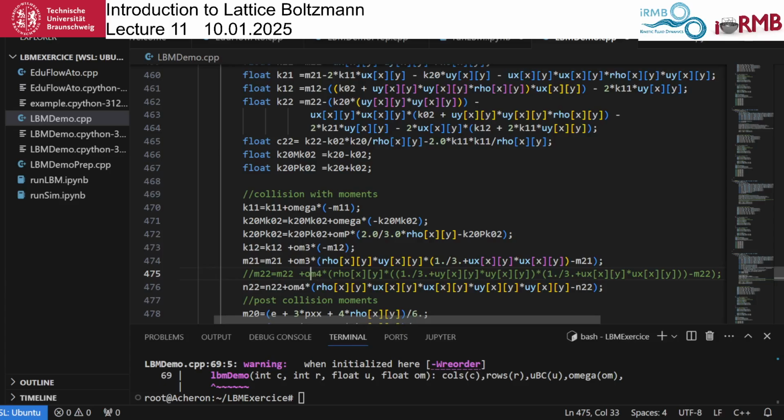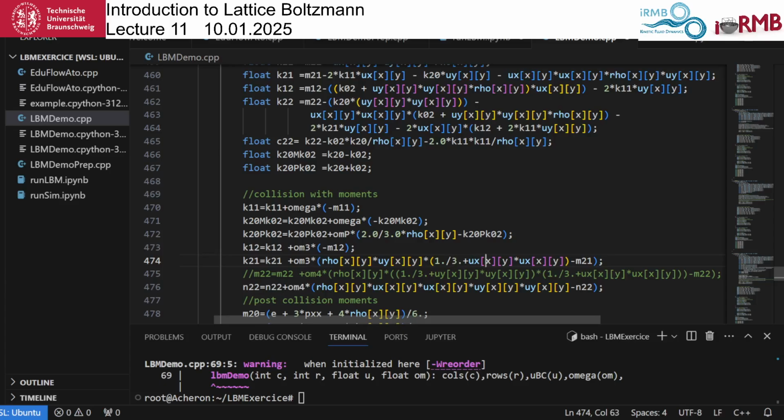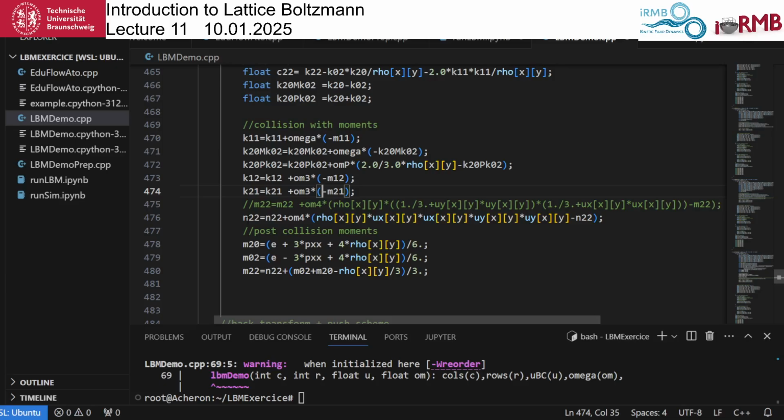So I just write K, and now here comes the first order guy. First order guy, again, is a cumulant, so it has equilibrium 0.